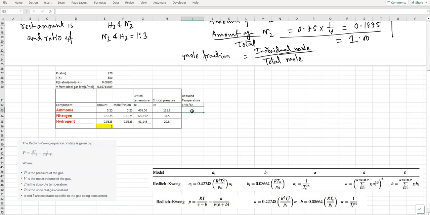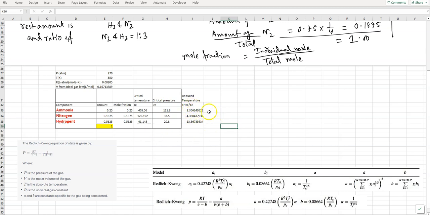So here T is already there, T is here, by Tc. Tc is here. Now T will not change, so we make the dollar sign. Then if we just drag that, we'll get the critical temperature for each individual component, so we got TR, the reduced temperature.